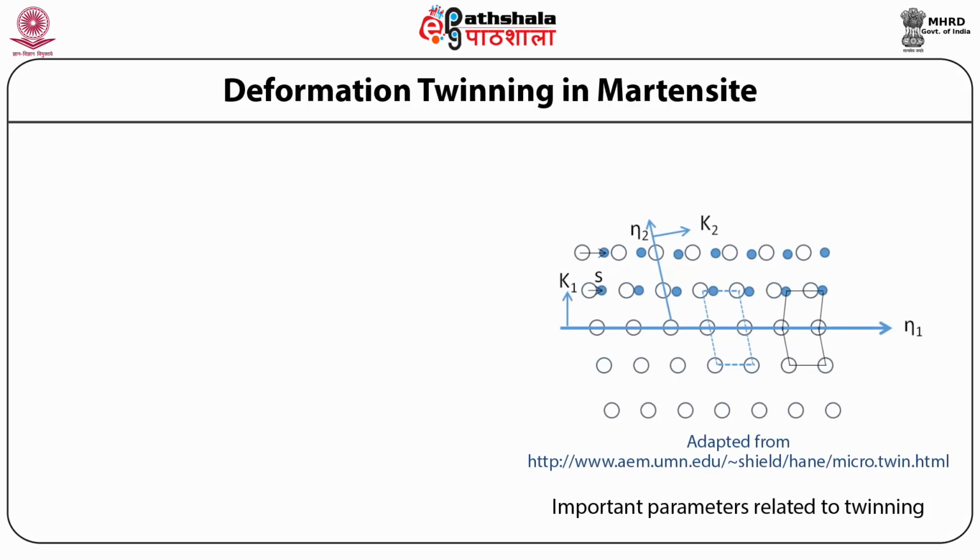Deformation twinning in martensite. Since twinning is the cause of shape memory effect, it basically occurs in shape memory alloys. So students, it is important to understand and predict the orientation of twins.